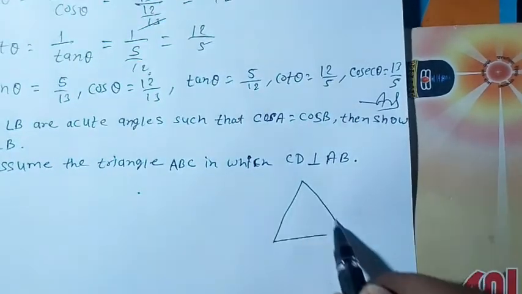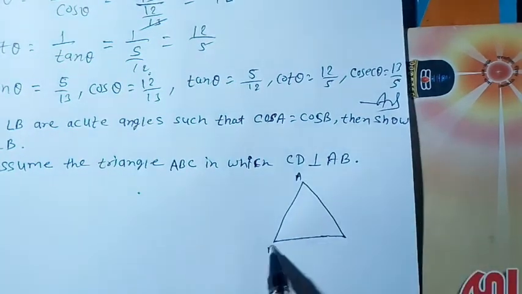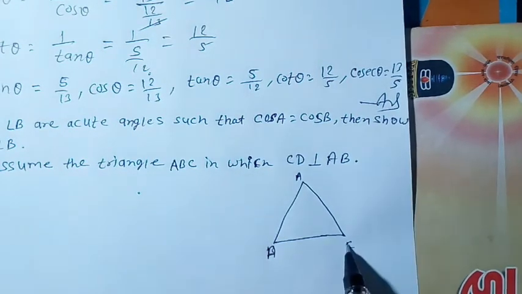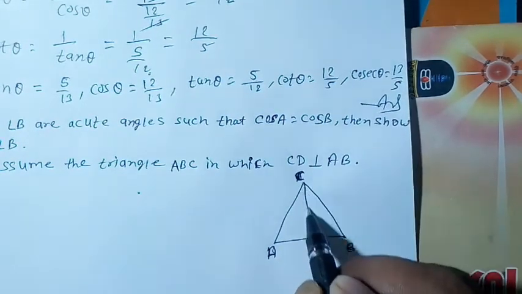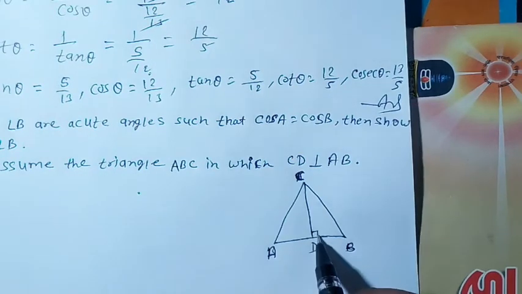This is a figure of triangle ABC with vertices A, B and C. CD is perpendicular to AB.